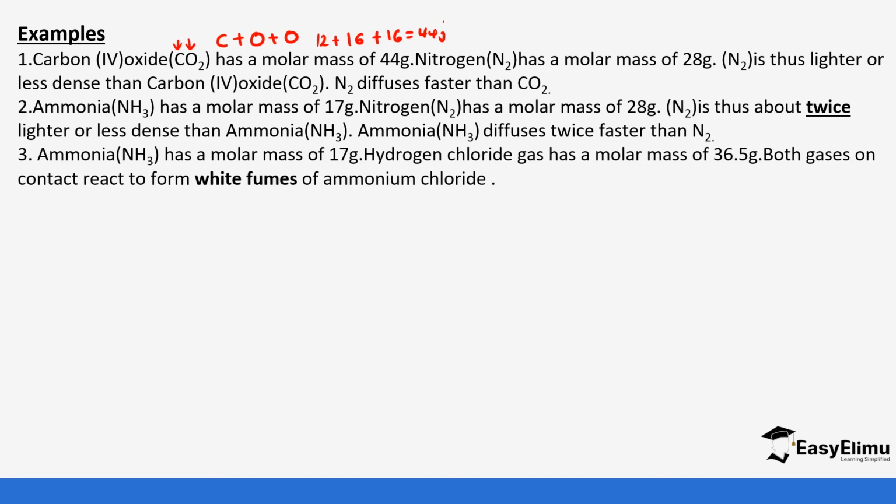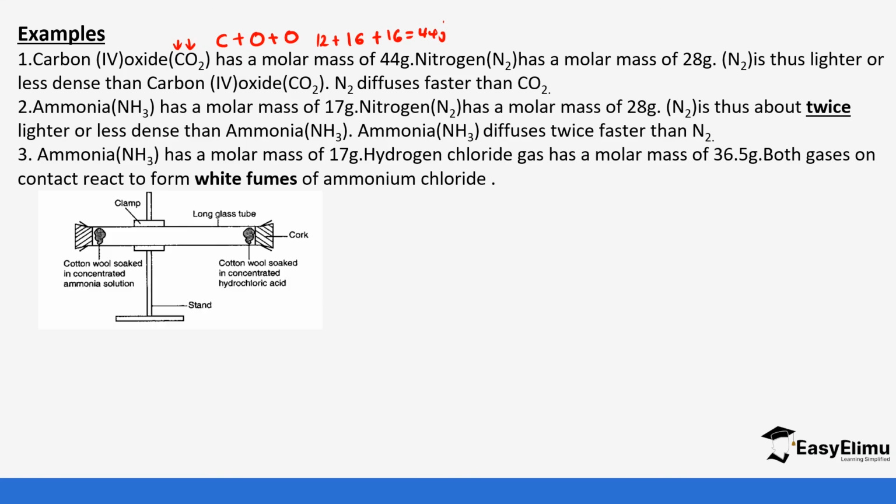So ammonia has a molecular mass of 17, and hydrogen chloride gas has a molecular mass of 36.5. When you put these gases together, they react to form white fumes of ammonium chloride. So this is an experiment to show how density affects the rate of diffusion.